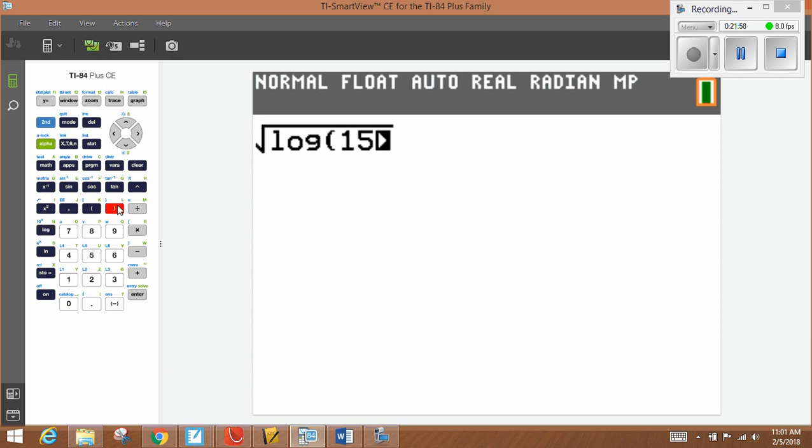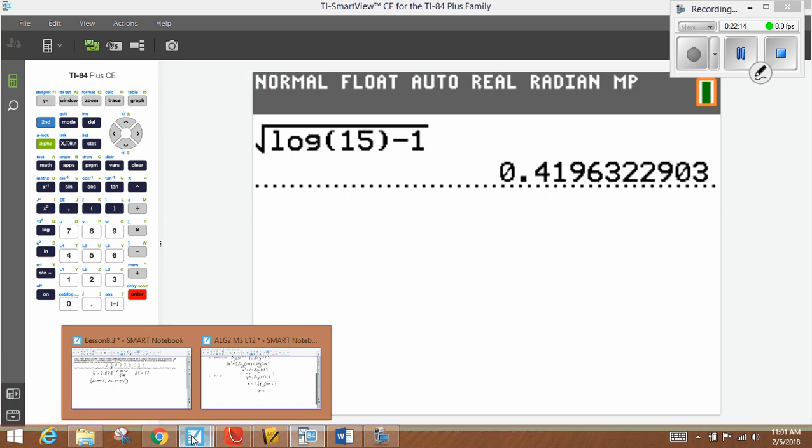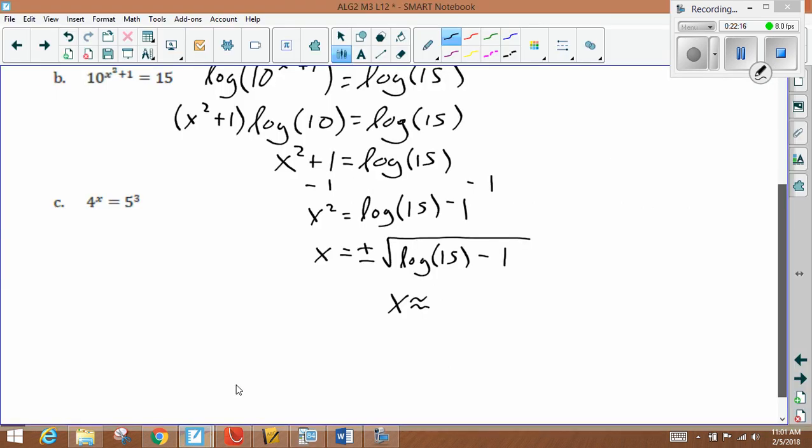Make sure to close your parentheses so that 1's not in there, or you will get the wrong answer. You hit enter, and that's going to be approximately, if we're rounding to the thousandths place, approximately 0.42.